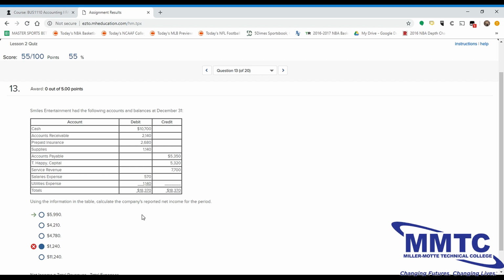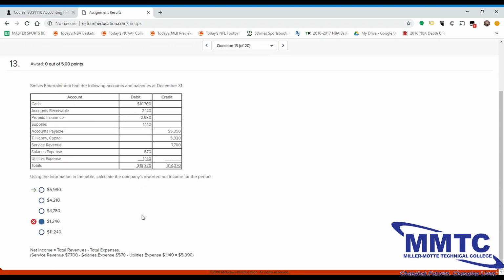Smiles Entertainment had the following accounts and balances at December 31st. So cash, 10,700. So let's just go down. Like I said, net income is revenues minus total expenses. So service revenue minus salary expenses minus utility expenses. You just go through here and find the revenue. Cash is cash, accounts receivable, prepaid insurance, supply, accounts payable, capital.